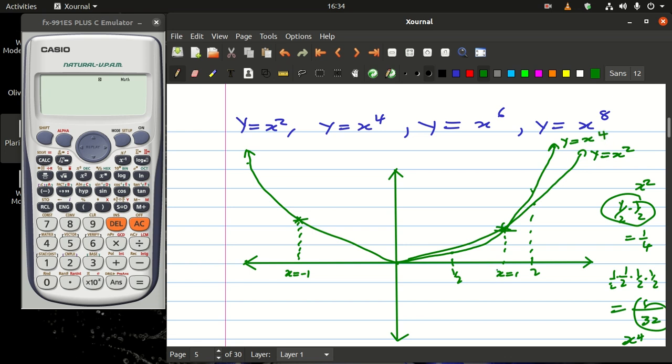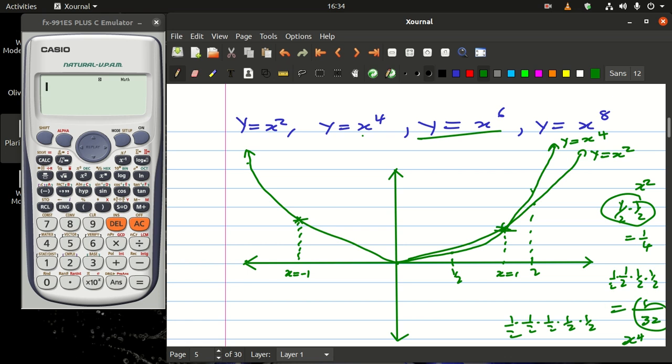And if we go with this one and that one, if I'm plugging in 1 over 2 here, I will get 1 over 2 times 1 over 2 times 1 over 2 times 1 over 2 times 1 over 2, which is the same as 2 times 2, 4 times 2, 8 times 2, 16.